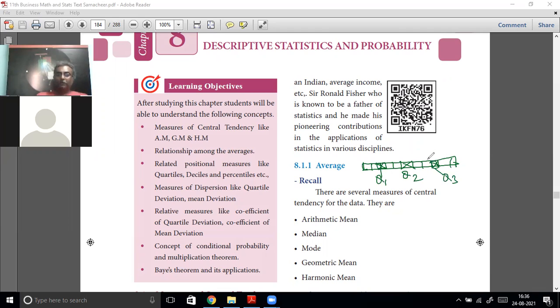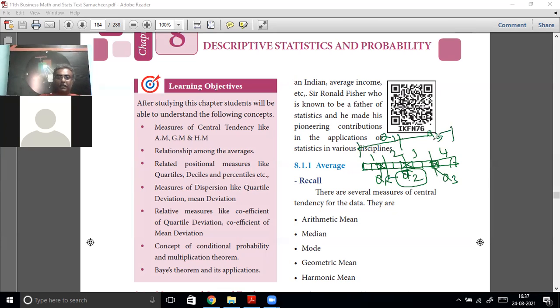So you will divide the data array into 4 parts by having 3 extensions of the medians. Q2 will be the median. Q1 will be the median for this part. And Q3 will be the median for this part, like that.